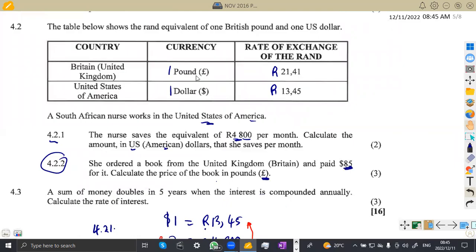All right, so the conversion that we have here is a dollar to a rand, a pound to a rand. So for you to calculate the amount that you're going to have in pounds, you simply divide the amounts. If that is a complicated part to work with, just convert the dollar here to the pound.